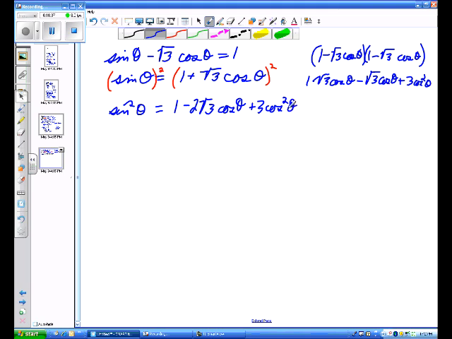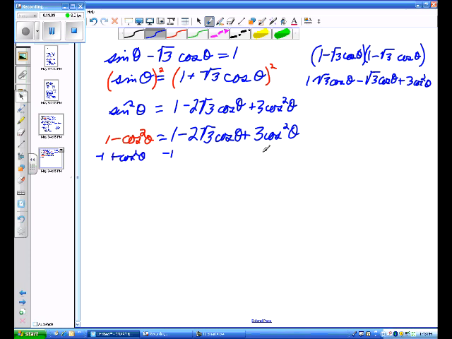And that's starting to look a little bit more complicated, but we can now substitute in for sine squared. Sine squared is 1 minus cosine squared. And now everything's in terms of cosine. So we want to get this equal to 0, so we're going to subtract 1, and we're going to add cosine squared.